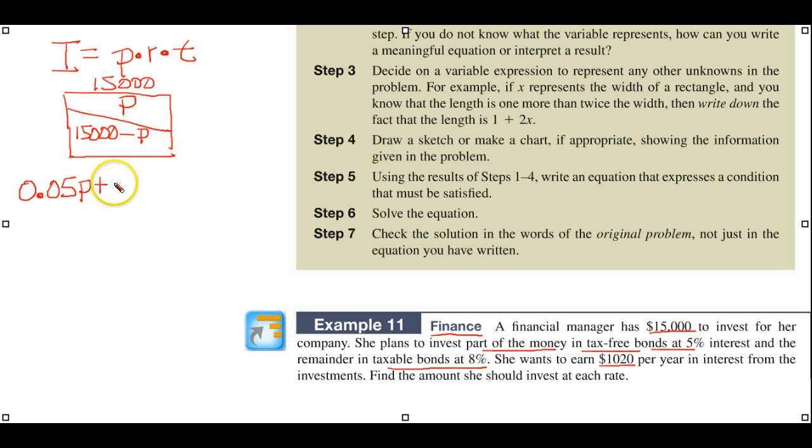And we're going to take this other investment, 0.08 times 15,000 minus P. See, this is rate times principal. Rate times principal, that's what interest is. And it's going to give me 1020 at the end of 1 year.